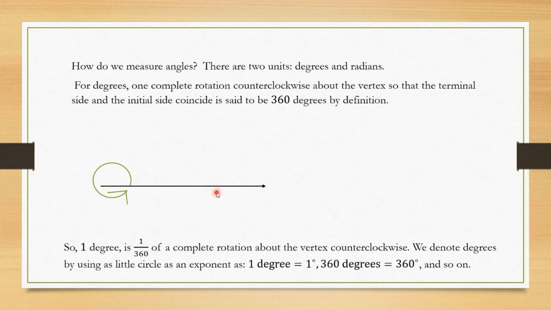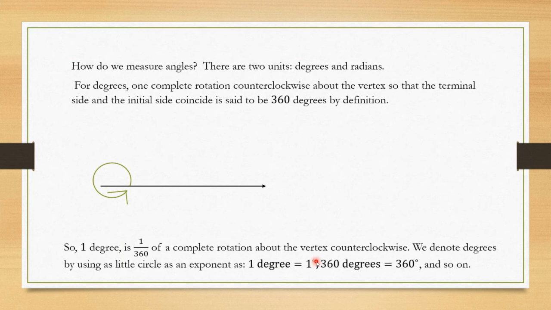And this is just notation down here. 1 degree, we can write that as 1 with a little circle. A degree is the same as raising it to the circle, so it's not really an exponent here.